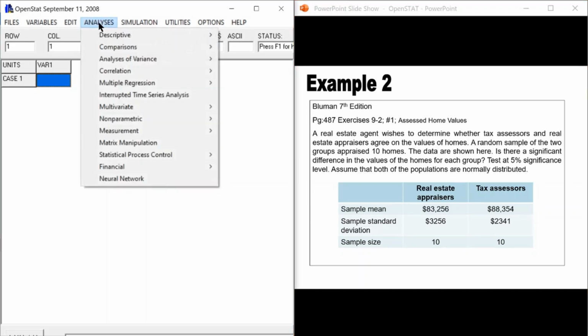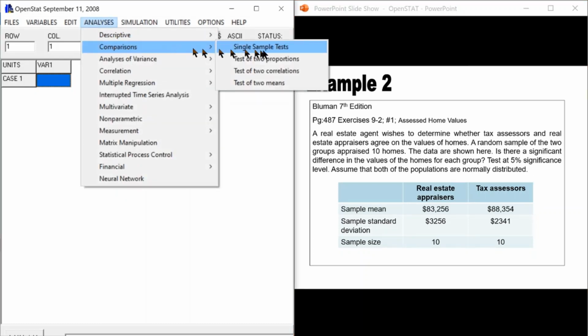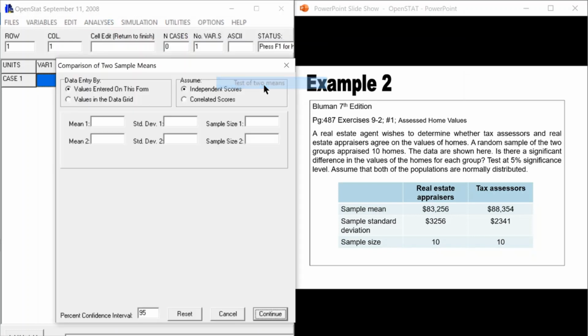Go to analysis, choose comparison, go to test of two means, choose values entered on this form, and assume independent scores. First sample mean 83,256, standard deviation 3,256, sample size is 10.